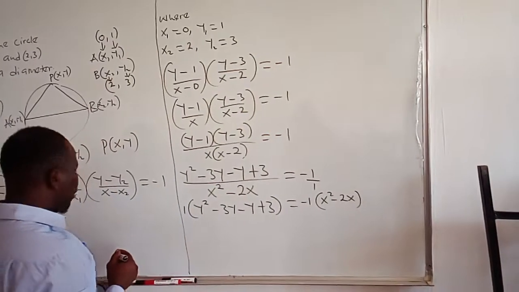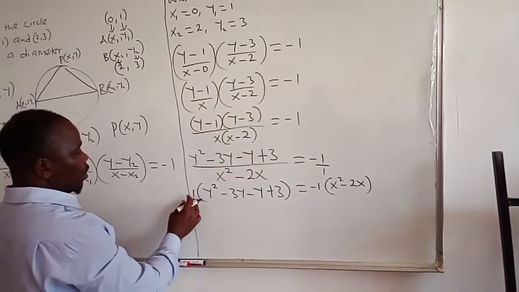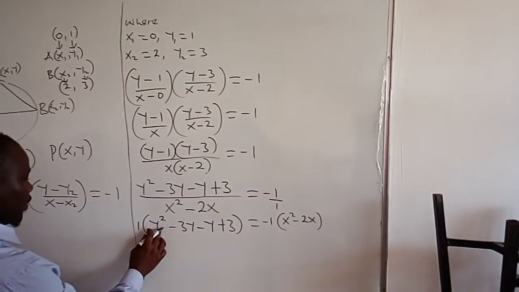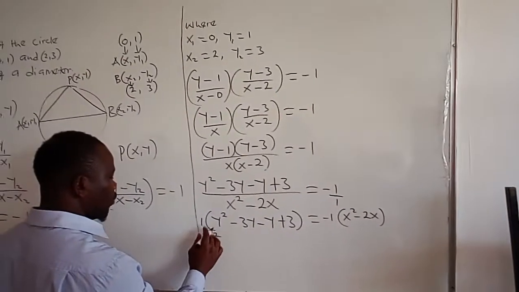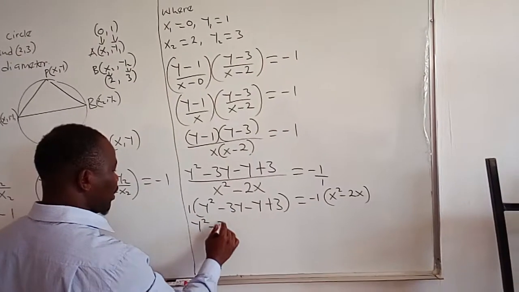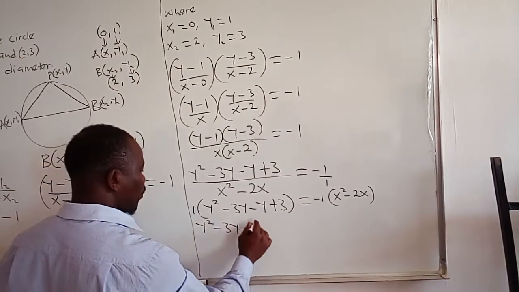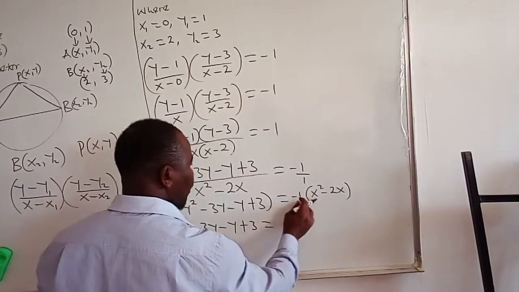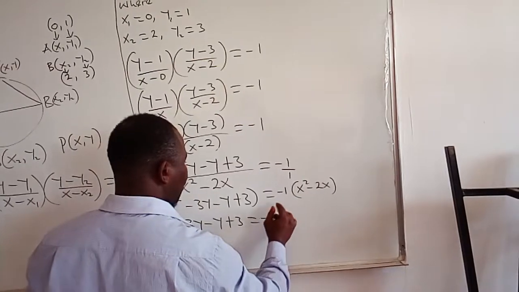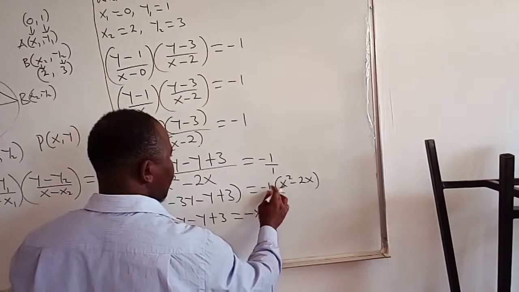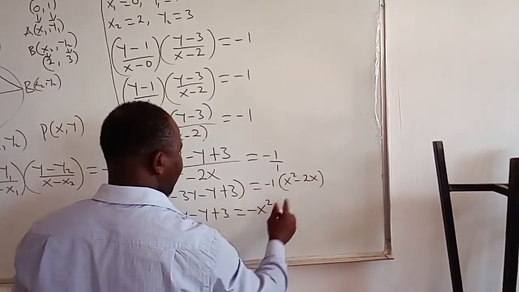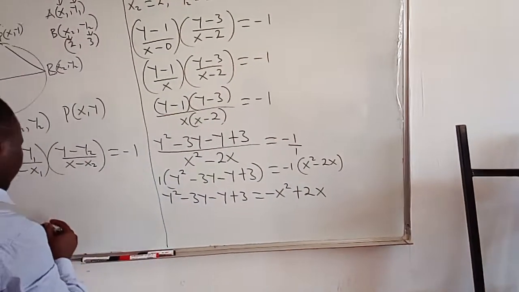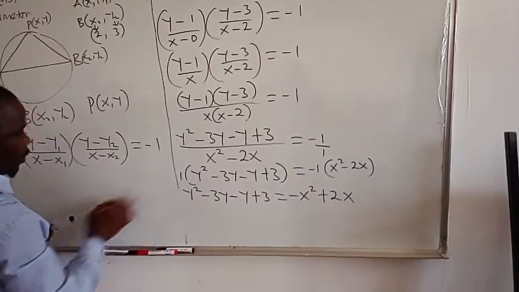Are you following? So if we multiply out this bracket, 1 times this gives the same thing, y squared. 1 times this, minus 3y. 1 times this, minus y. 1 times this, plus 3. The same thing applicable. Minus 1 times this, it will give us minus x squared. Minus 1 times minus 2x, it will give us what? Plus 2x. Okay?